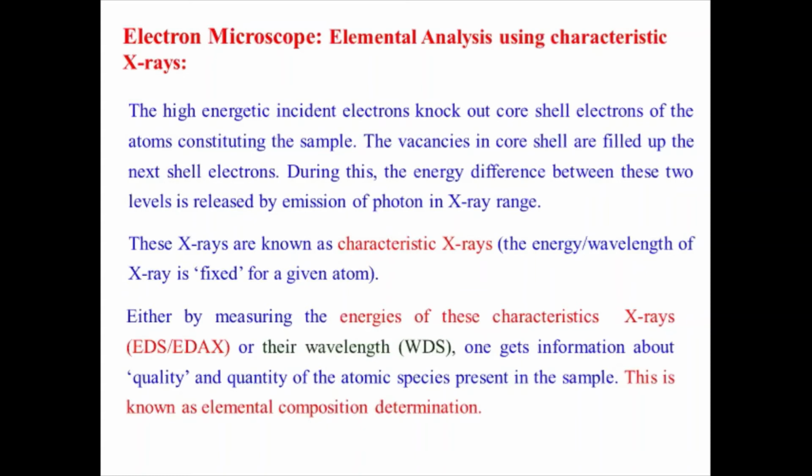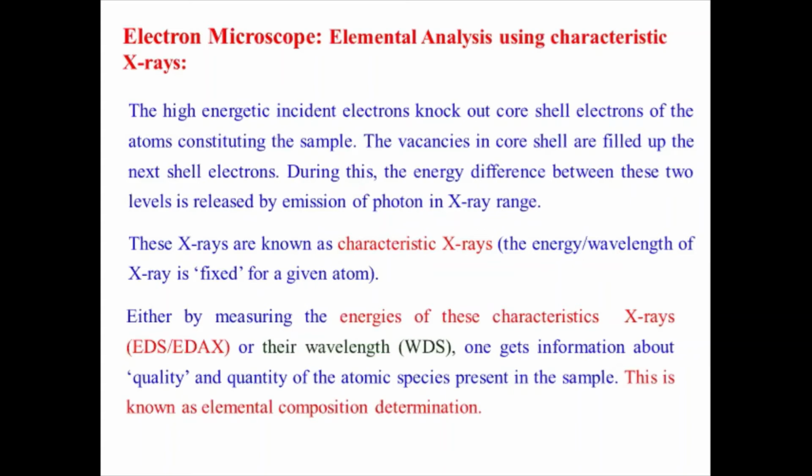This X-ray wavelength is not available for any other atom. It means that if you detect the X-ray wavelength as 1.543 angstrom unit, you confirm that there is a copper atom present in the material.